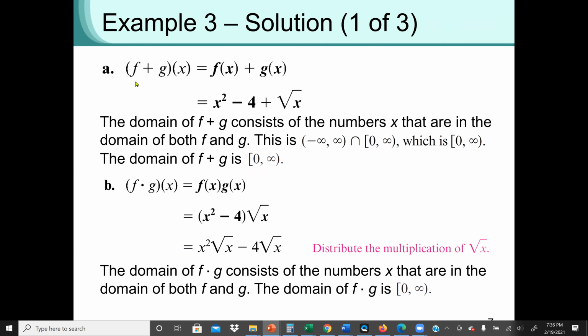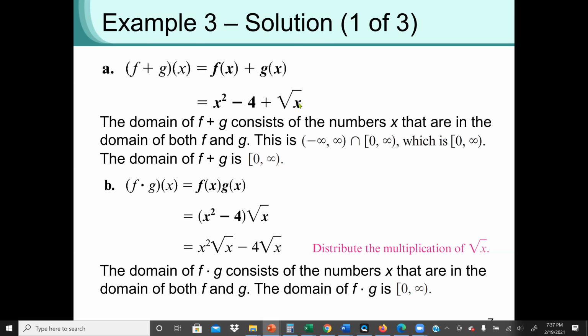So let's start with the addition, A. f at x plus g at x means f at x is x squared minus 4 plus g at x, which is square root of x. So we combine these two terms. The domain of f plus g consists of the numbers x that are in the domain of both functions. So again, f at x will be from negative infinity to positive infinity.